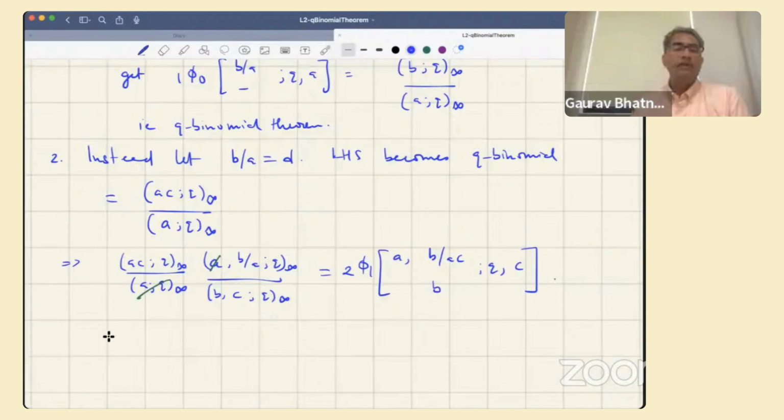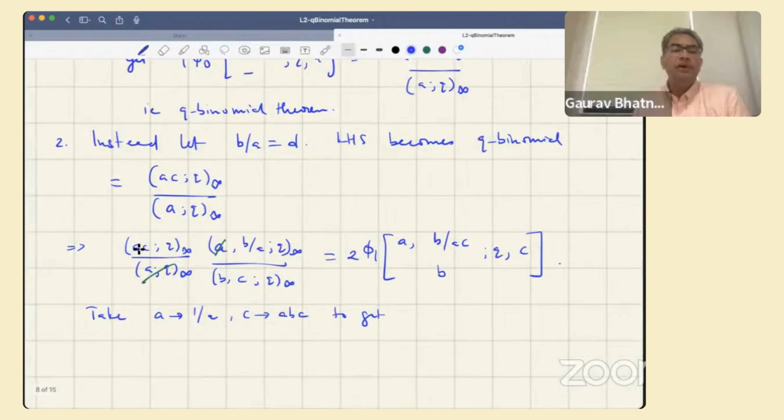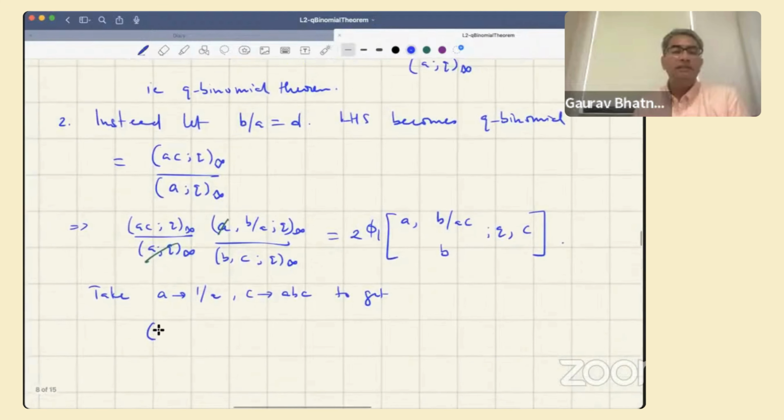And what we do is, to make the product side more symmetric, we replace a by 1 over a and c by abc. So this is in Ramanujan's notation. So a goes to 1 over a, c goes to abc, so the top becomes bc. And a goes to 1 over a, so it becomes ab, q infinity.